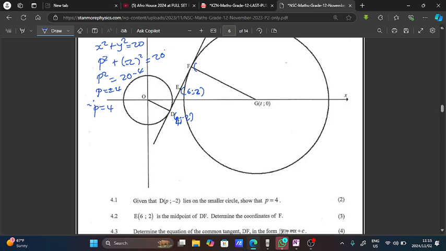You use the midpoint. You must give me the common values. You know the coordinates: D is 4 and minus 2, E is 6 and 2. You want the coordinates of F.